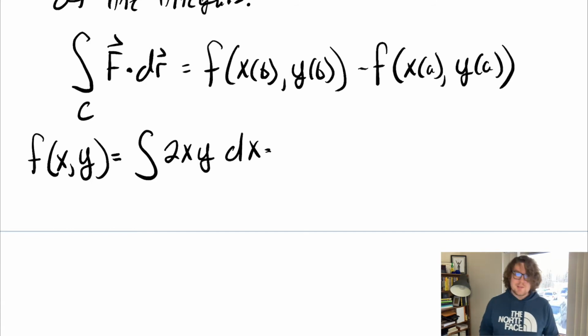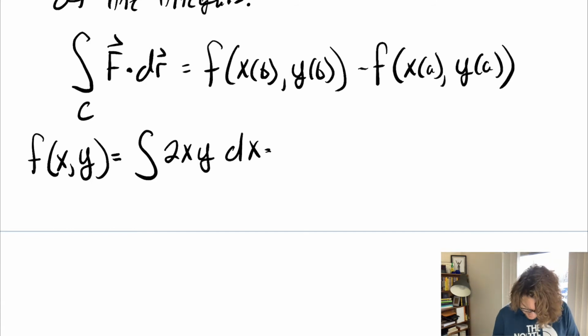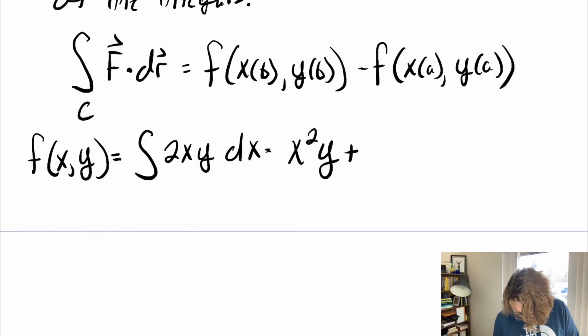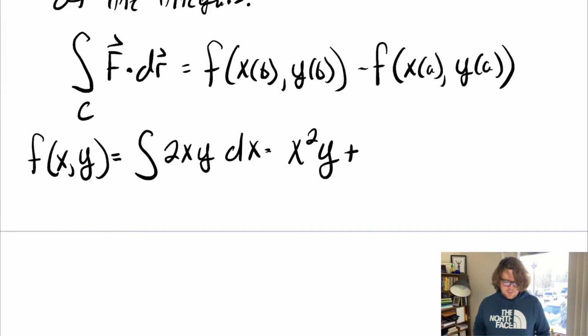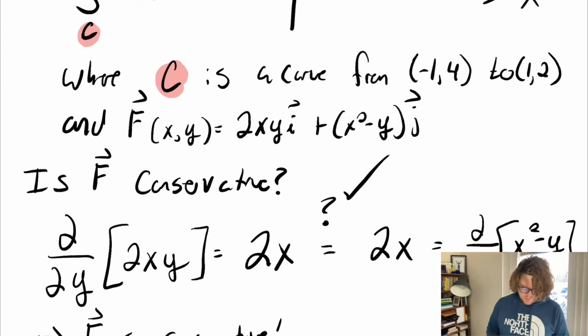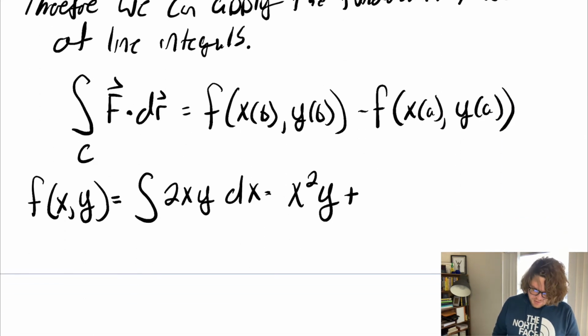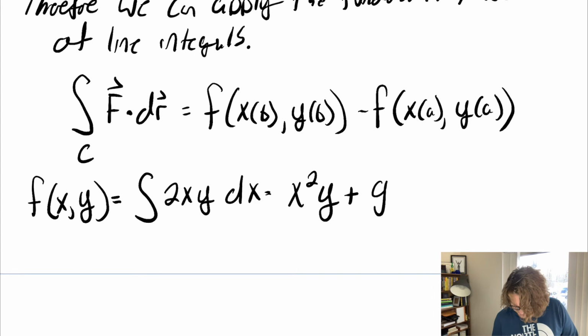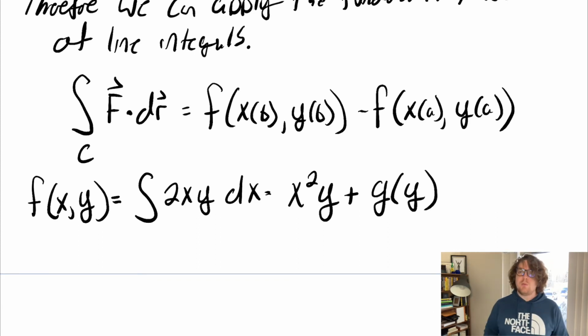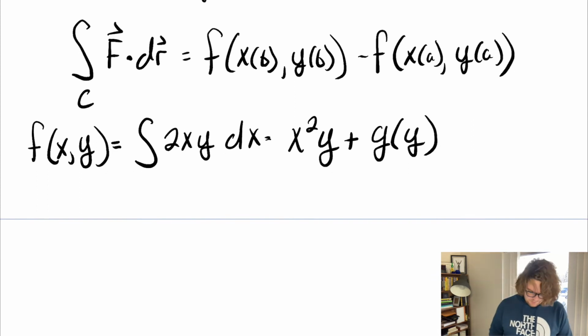And if we evaluate this integral, we're left with x squared y. But we also need to remember where that 2xy came from. It came from taking the partial derivative of lowercase f with respect to x. So any function of y is going to entirely vanish. So our constant of integration should be some arbitrary function of y.